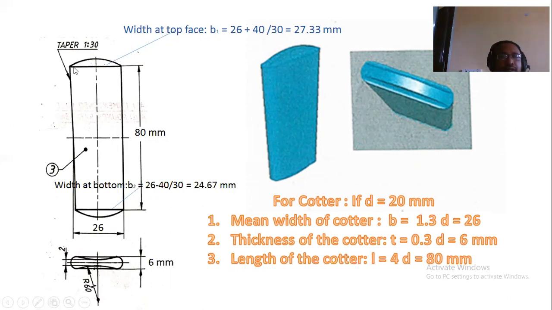Then this line is inclined, and it is a taper of 1:30. And this is the top view. How to draw the top view is represented here.